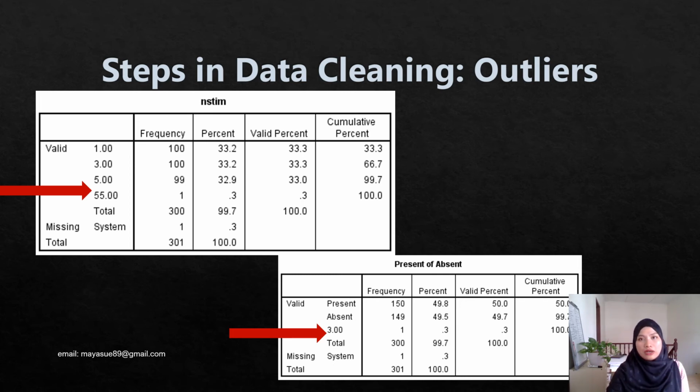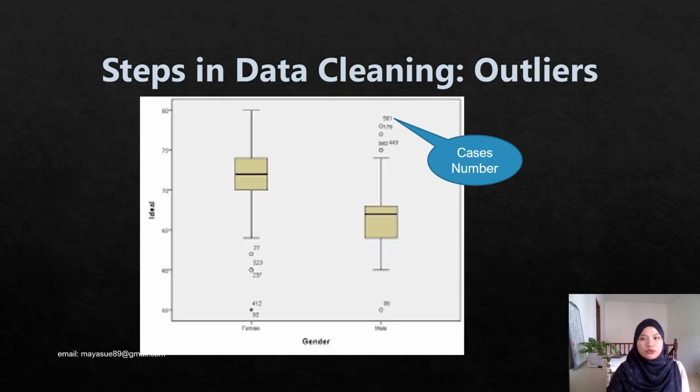This is an outlier, maybe due to a typo. Also for categorical variables, this is the typo. You can also use a box plot to visualize your data, and SPSS helps you to identify the case number which is the outlier. So case number 581 is the outlier, and you need to check your data view.